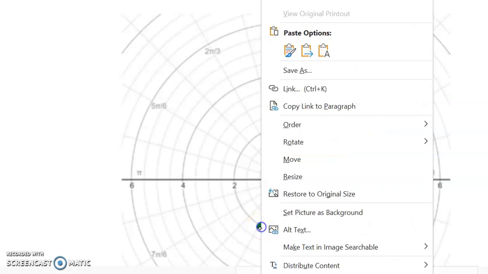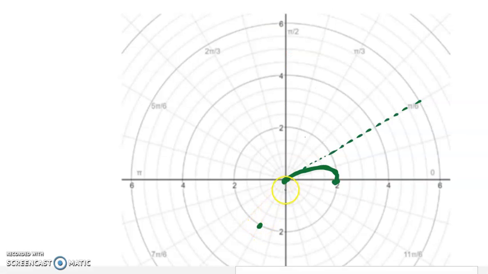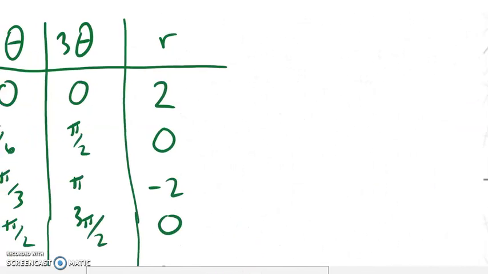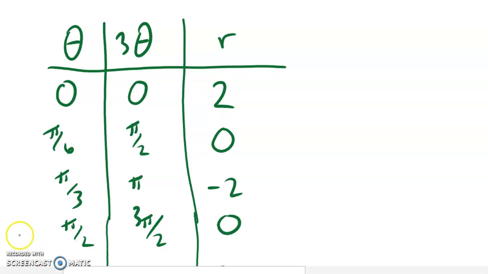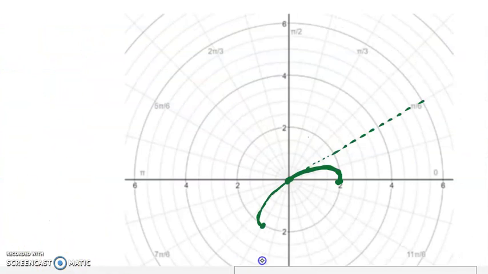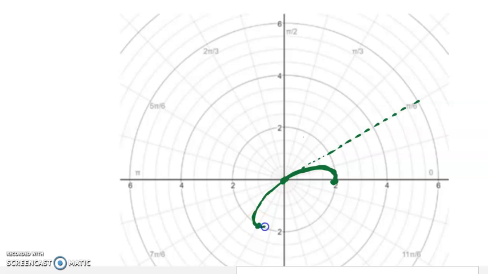So that's going to be negative 2. We're going to come in the same way like that, and then we do the same thing again. We go back to 0. By the time we get back to an r value of 0, that's when we get to a theta value of pi over 2. So we're going to finish up our quadrant 1 angles like that.